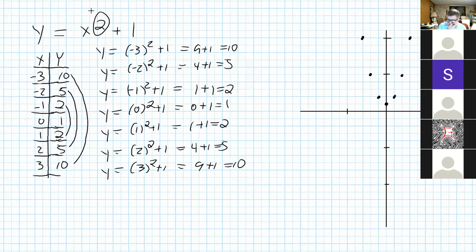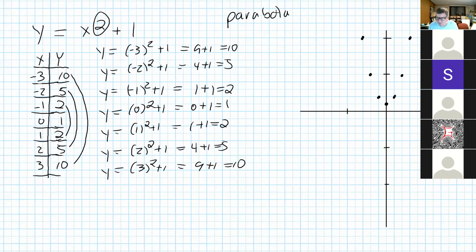A second degree equation is not a linear equation. The graph is not a straight line. A second degree equation is also called a quadratic equation. The graph of it is something we call a parabola. And it's kind of a smooth curve.